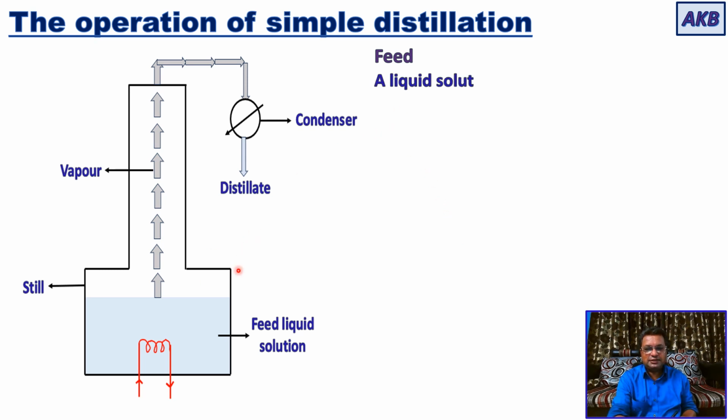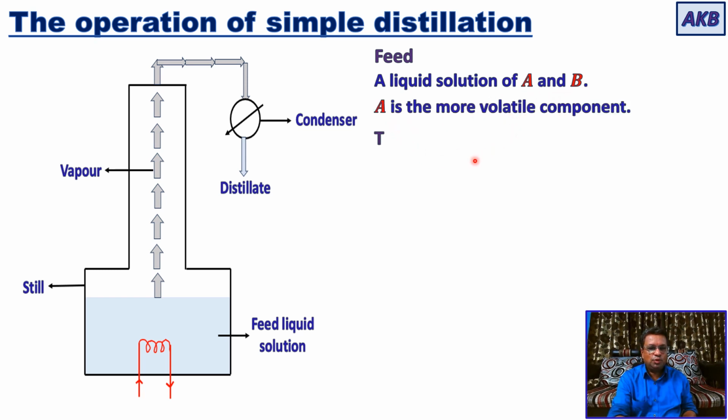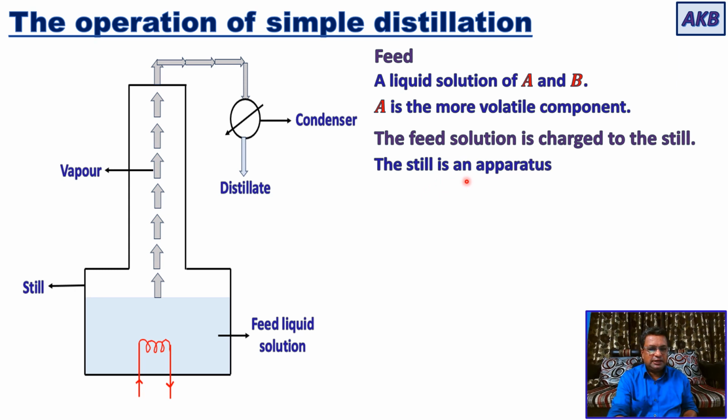Now let us understand the operation. The feed, as I said, is a liquid solution of two components, A and B. A is the more volatile component. The feed solution is charged to the still initially, before starting the operation. The still is an apparatus, as I said, and there is provision of heating liquid solution in that apparatus.